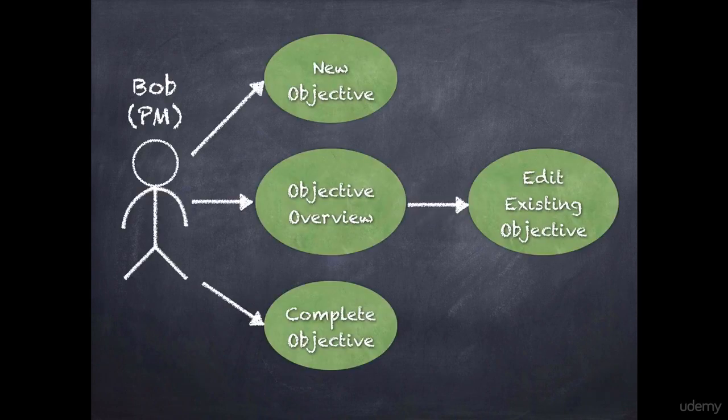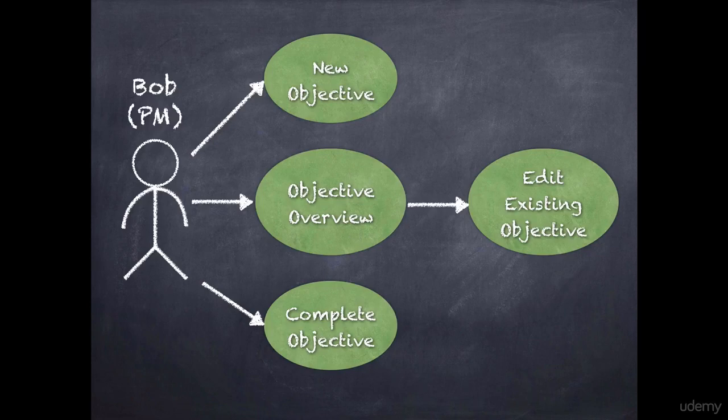So suppose we have Bob, and Bob is a project manager. That's what PM stands for. And Bob is using our Blueprint app. There are a few things that he might want to do with our app, and we're calling these things objectives. Suppose that Bob's boss says, hey, we need to do a new objective.